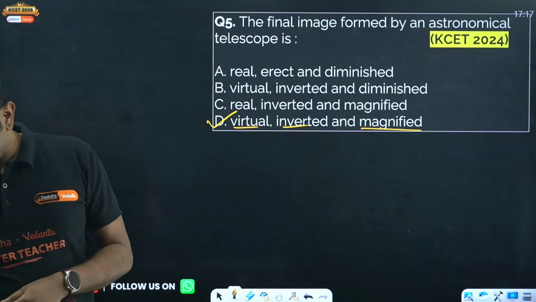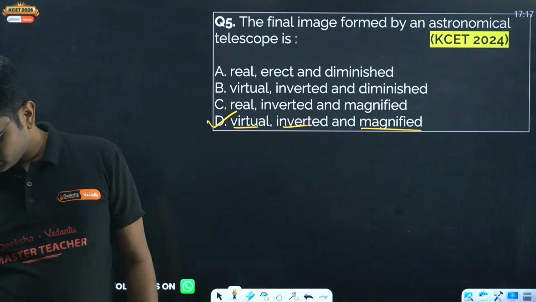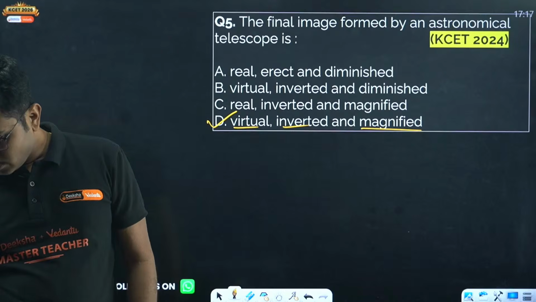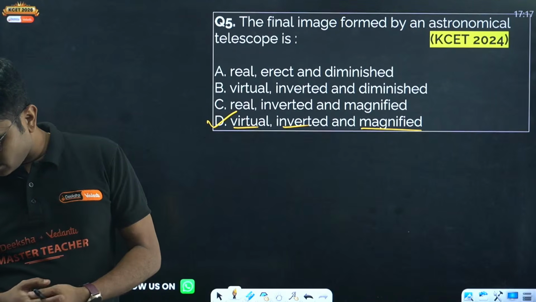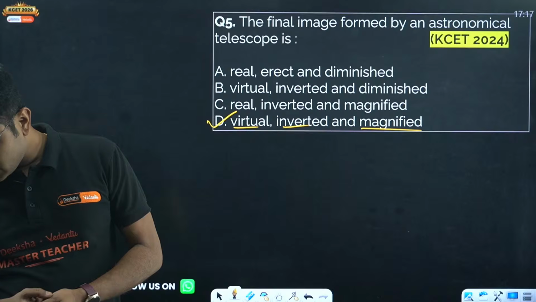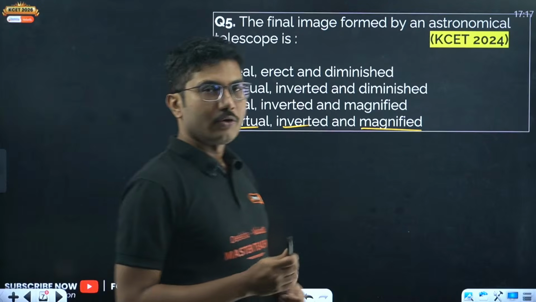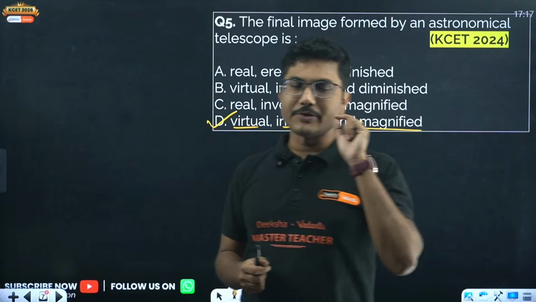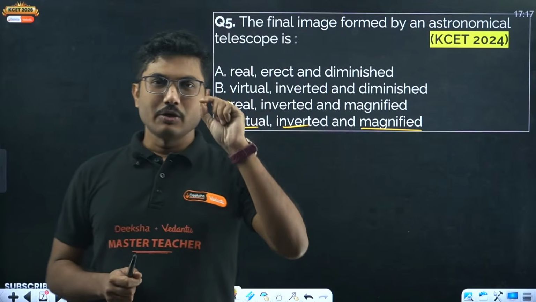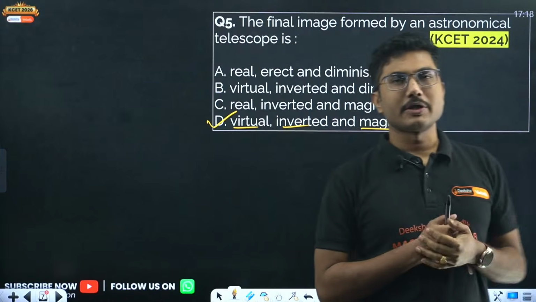Yes, Srikanth has been trying to answer for a long time. Okay, I think you have understood the logic. I hope you understood that whenever you are observing something through your eye, your eye cannot see real images unless they are formed on a screen.